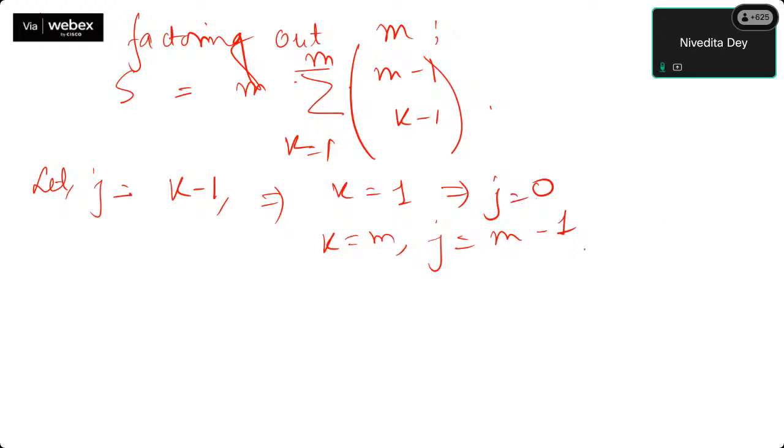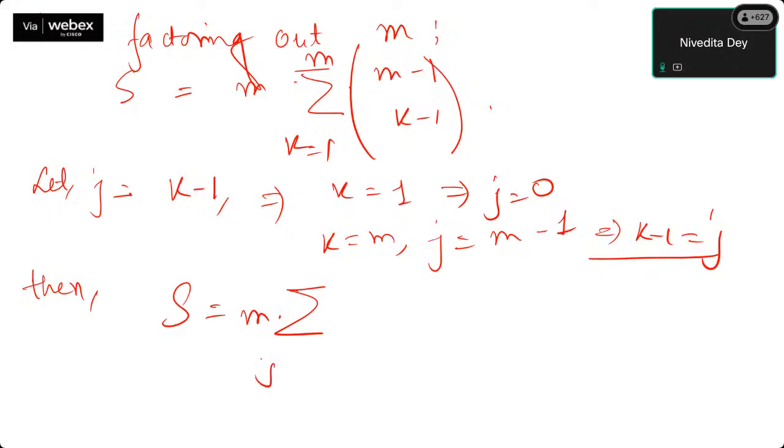Or alternatively, it can be written as k minus 1 equals j. Then the summation s will look like m into this particular thing.